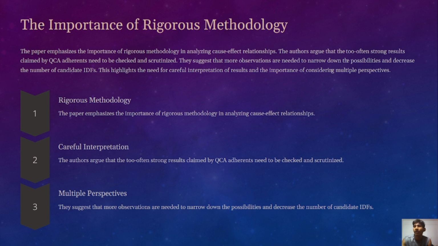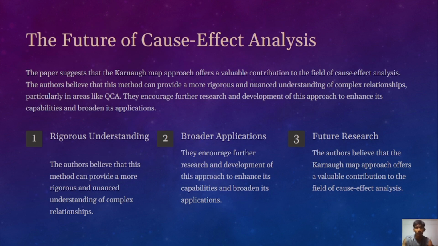The authors argue that often strong results claimed by QCA and other methods need to be checked and circumscribed. They suggest that more observations are needed to narrow down the possibilities and decrease the number of candidate IDFs. This highlights the need for careful interpretation of the results and the importance of considering manipulation.